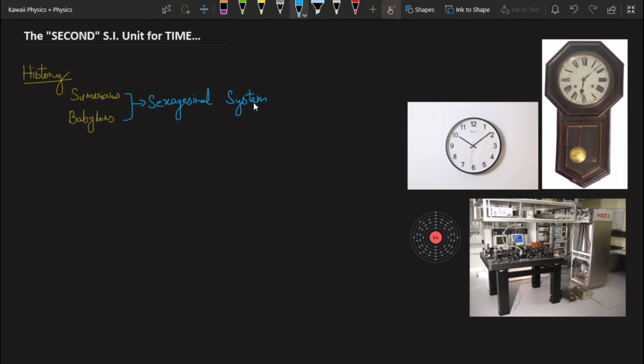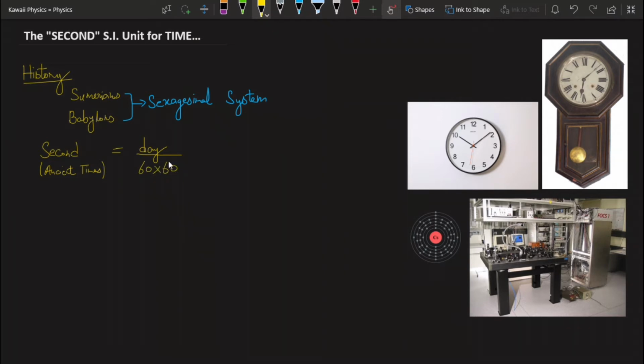So in ancient times, a second was not the sexagesimal subdivision of the hour. It was the sexagesimal subdivision of the day. Let me write it so you're gonna get clear about it. A second, in the ancient times, was day divided by 60 multiplied by 60.